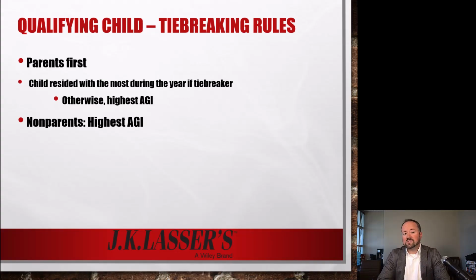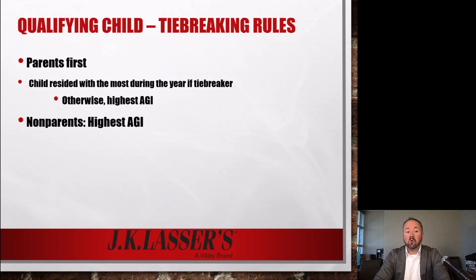Now, there are many reasons why we might have to evaluate a situation where we would apply some tie-breaking rules. So, for example, if going through the 4 tests, and we'll look at an example to see how this could potentially happen, if we go through those 4 tests and a non-parent actually meets all of those tests, the parent would always be able to claim the child for dependent purposes before a non-parent.